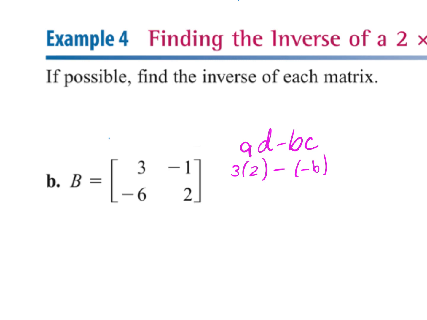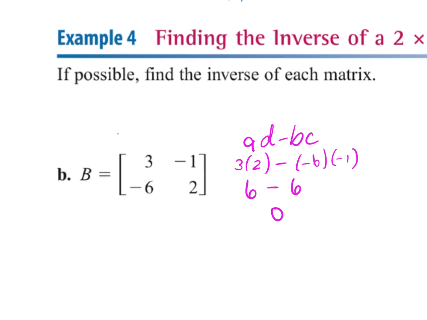This should be negative, shouldn't it? Yep. This should be negative 1 here, right? Yes, guys? Okay. So 3 times 2 is 6 minus, what's negative 6 times negative 1? Positive 6. So 6 minus 6 is 0. Okay. So I get 0 to go in my fraction.